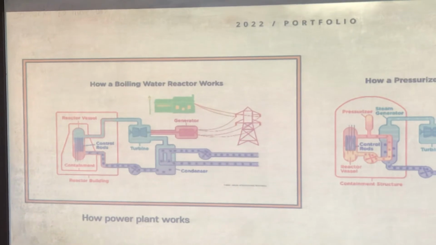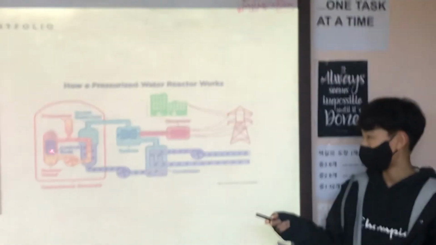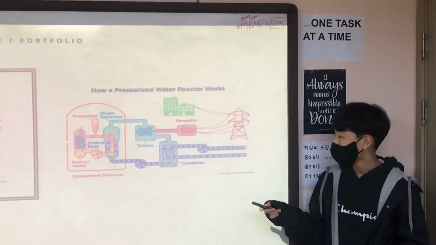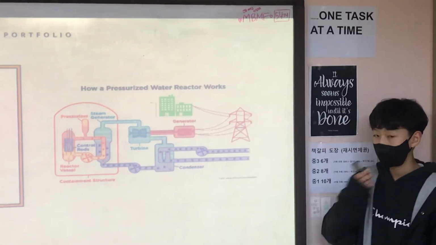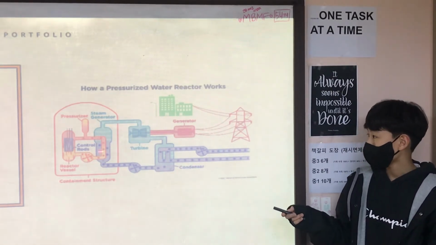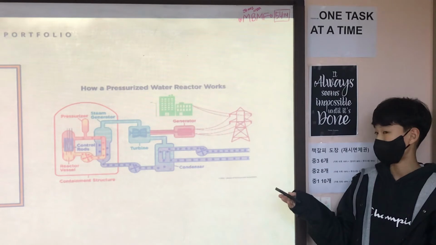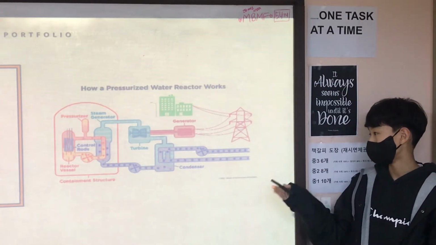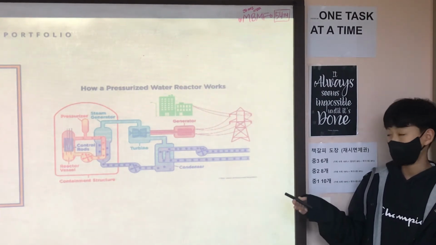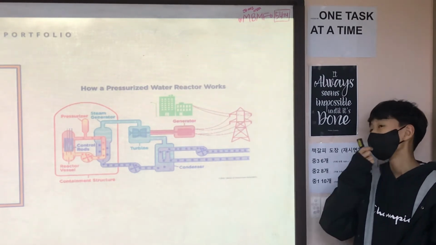Firstly, there is some electricity used over here, and it causes the condenser to lower the temperature, and this reactor vessel causes a high temperature heat, and the heat boils the water and causes some vapors. The vapors are used to spin the turbine, and then the generator works, and the generator makes electricity.